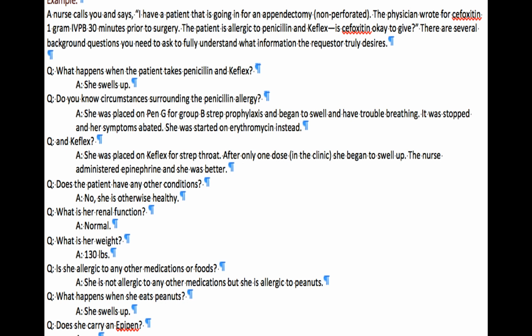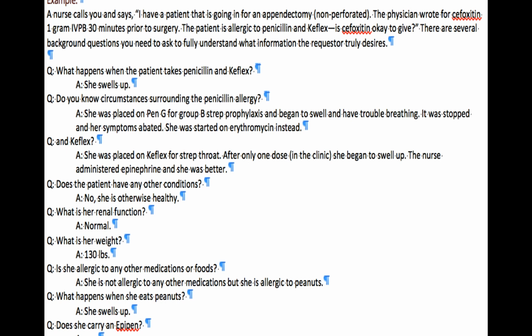And the nurse tells you she was placed on Pen G for Group B strep prophylaxis and began to swell and have trouble breathing. It was stopped and her symptoms abated. She was started on erythromycin instead. You ask about the Keflex, and you find out that she was on Keflex for strep throat. After only 1 dose in the clinic, she began to swell up. The nurse administered epinephrine and she got better.